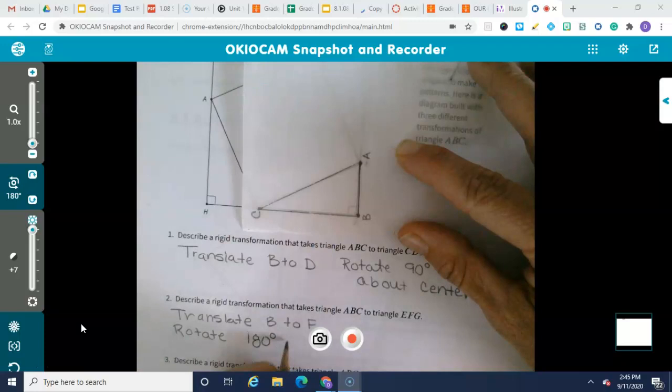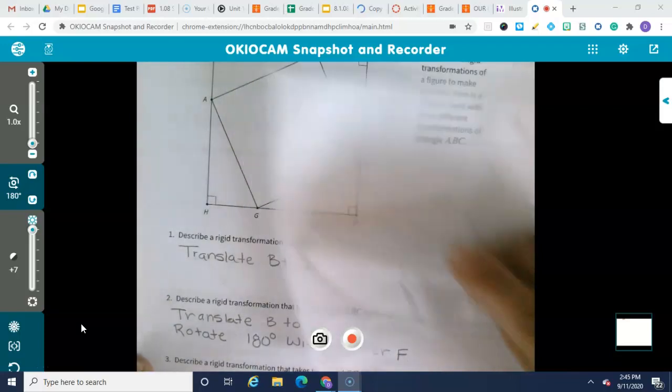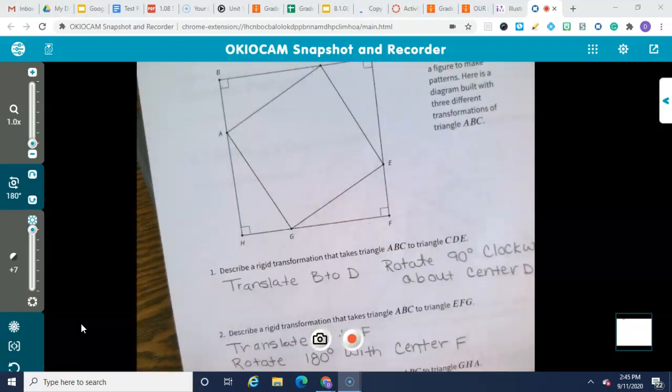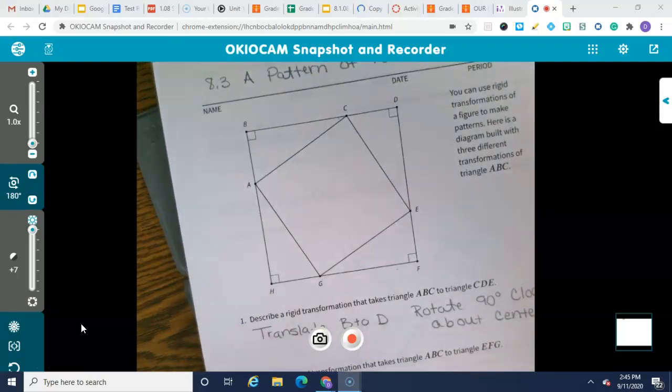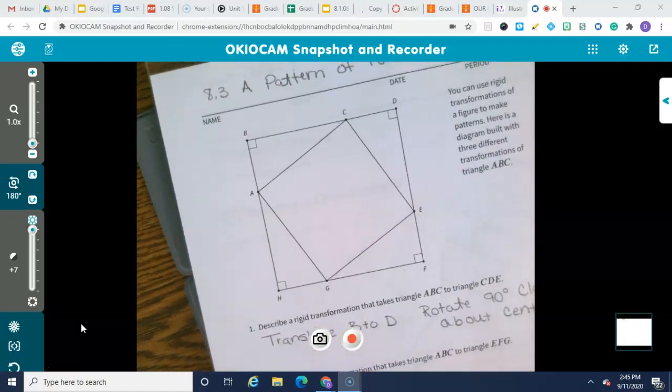Remember, when you do something 180 degrees, it doesn't matter which direction, whether you do clockwise or counterclockwise, you'll still wind up in the same position. So either direction there will work. And I used F as my center.